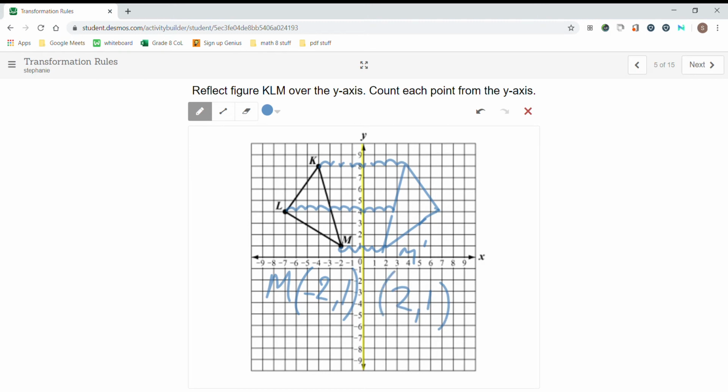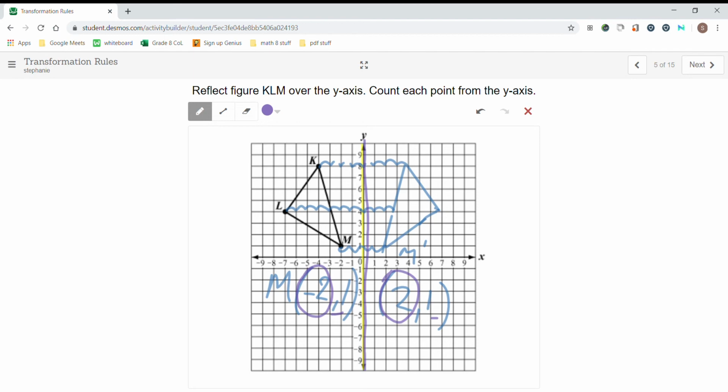So if I look, they're the same numbers, but if you look at this, they became the opposite. So -2 became +2. 1 didn't do anything with it. So when I'm flipping over or reflecting over the y-axis, the x's change.